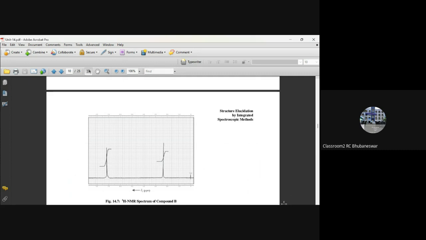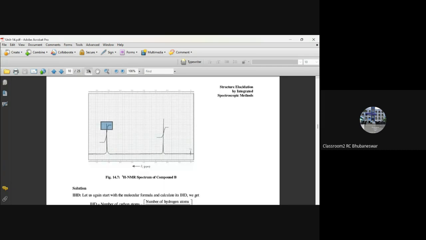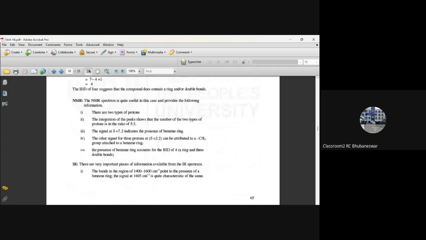And here you are having two signals. Apart from the TMS peak, you are having two peaks, one in the deshielded region and one in the shielded region. This could be due to different chemical environments.